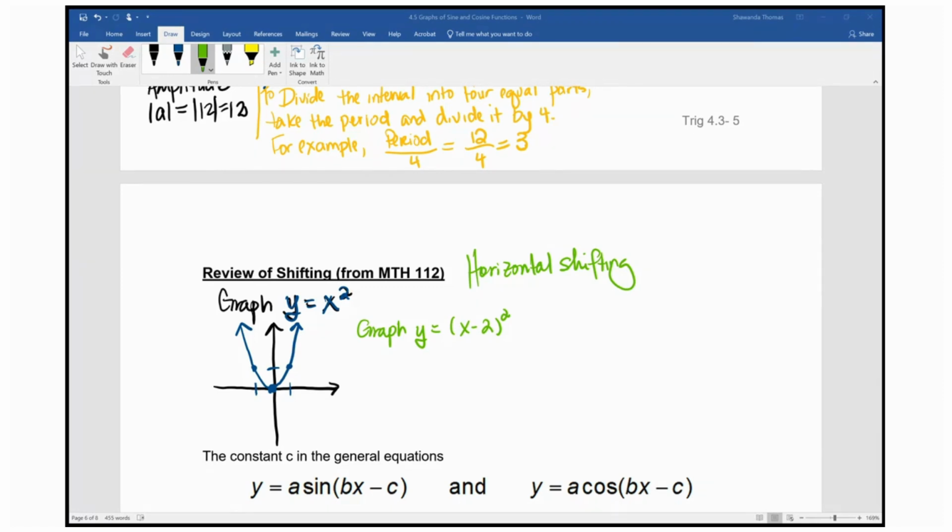So this is horizontal shifting because it's enclosed inside of this parenthesis. You see, this is enclosed inside of something, versus if it was y equals x squared minus 2, that's vertical shifting. So this is horizontal shifting. This is vertical shifting.